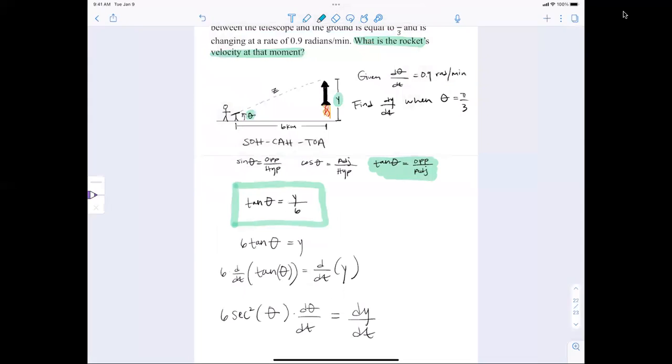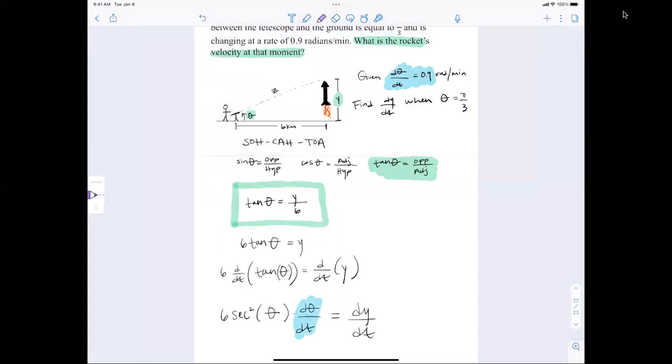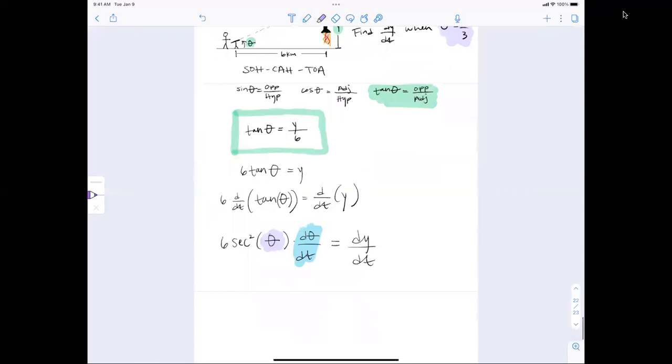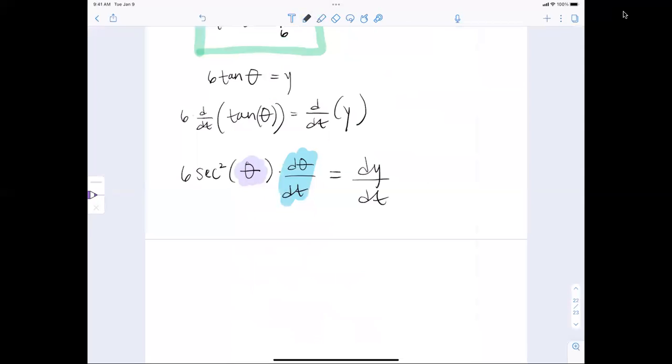So once we've differentiated, we're ready to plug in values. We have d theta over dt is 0.9. And we have theta is equal to pi over 3. Now, for this particular problem, we've been given theta. I'm going to flip this around.